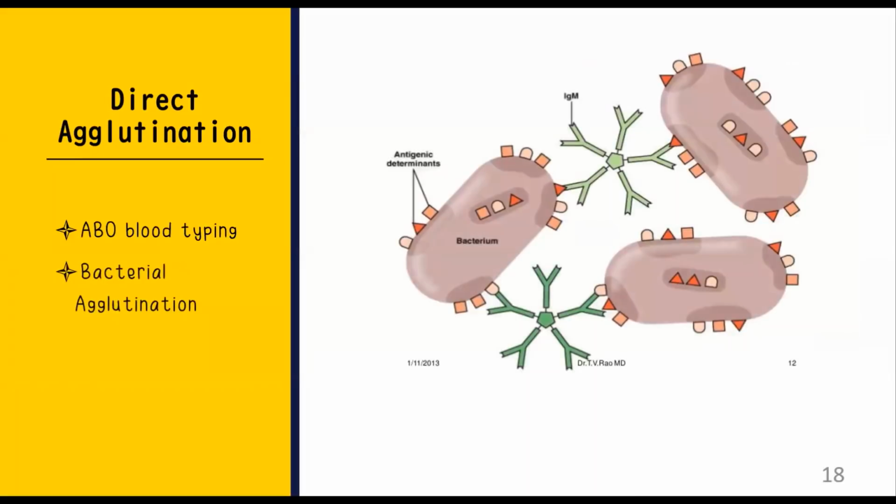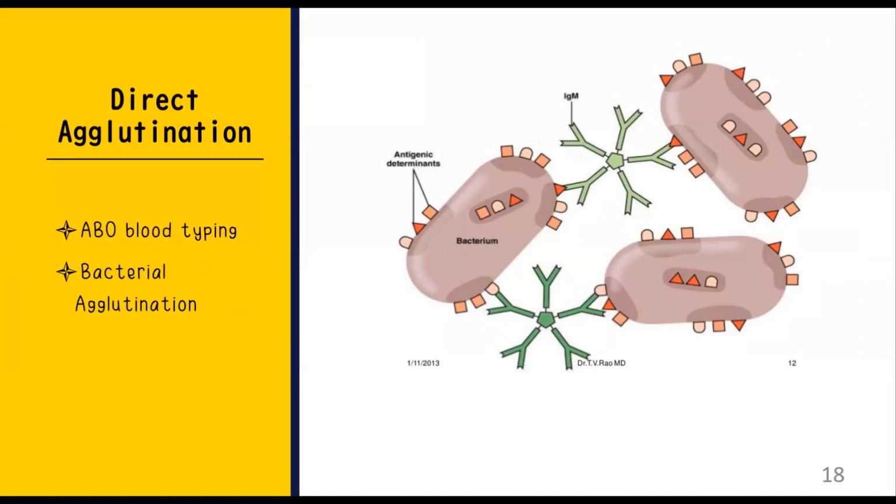Another example, class, is bacterial agglutination. So here, the antigens are naturally found on the surface of the bacteria. Kaya categorized siya as direct agglutination. Again, direct because the antigen is naturally found on the surface of the particle. The particle may be an RBC or pwede ring bacteria.